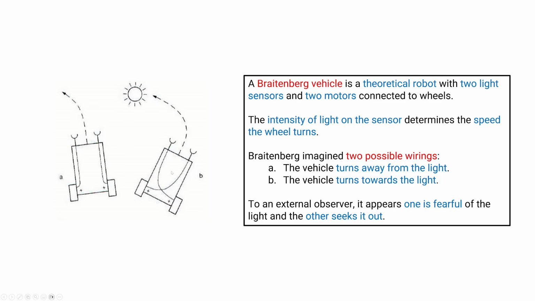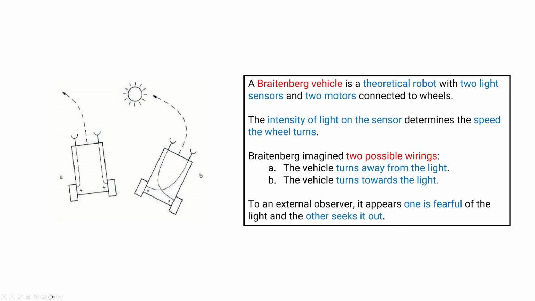And he suggests that if we have these two different wirings and we place a light source in the environment of these robots, then these two robots are going to do two different things, and we can, in our own thought experiment, make sure that this makes sense. So in this, robot A here is going to get more intense light from its right sensor than its left sensor. That means the right wheel is going to spin faster than the left wheel.